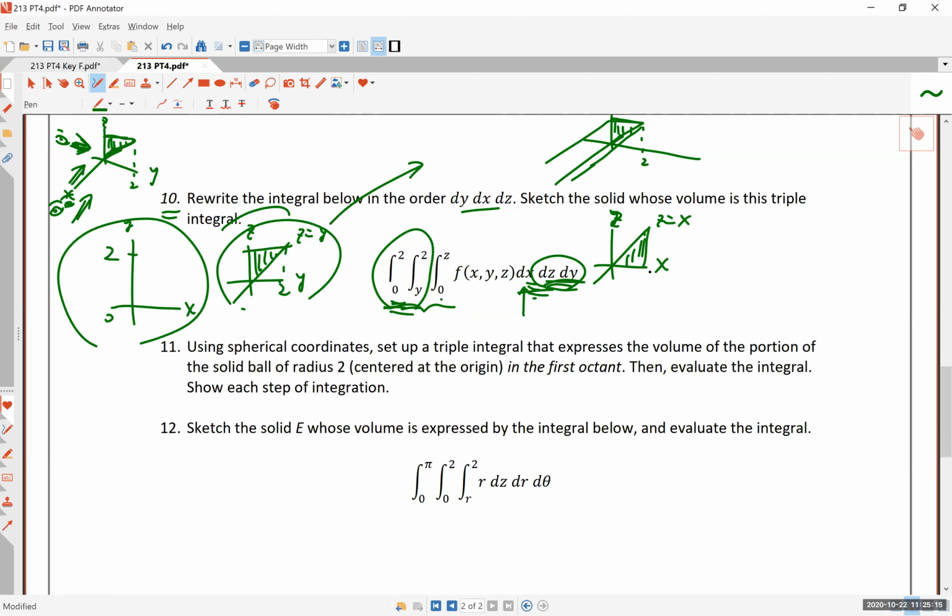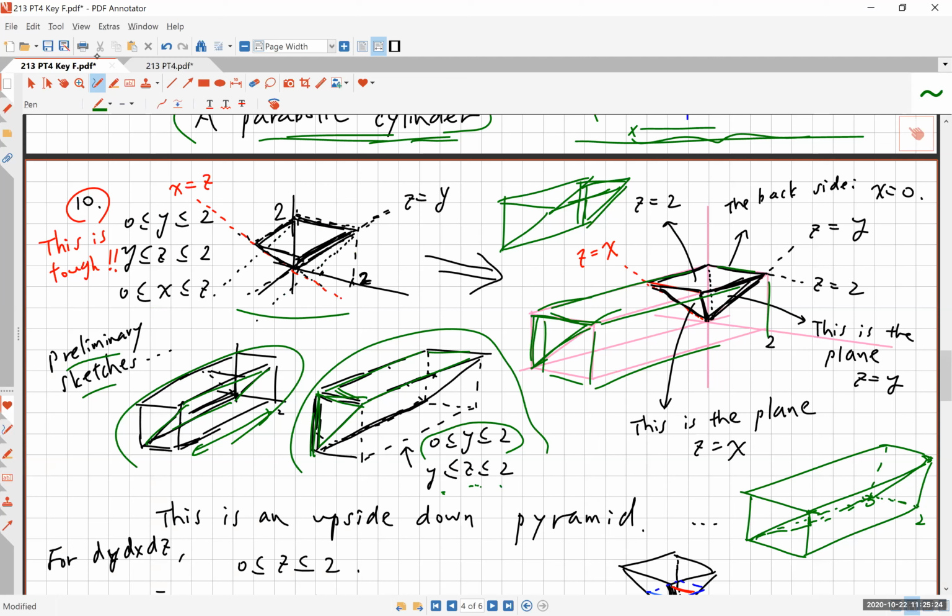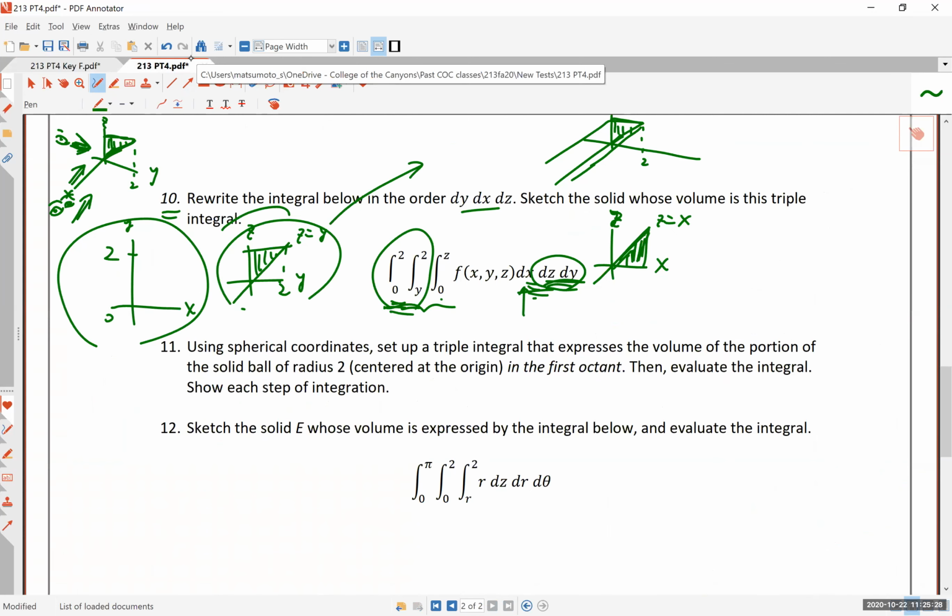x goes from 0 to z, right? So that's this thing. The question is, how do you do that? x goes from 0 to z. You know what?